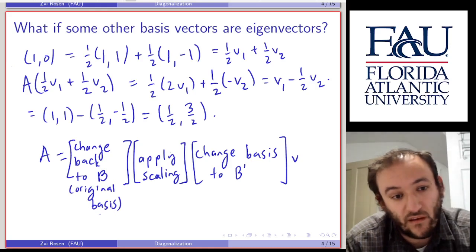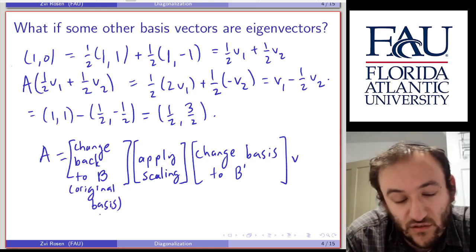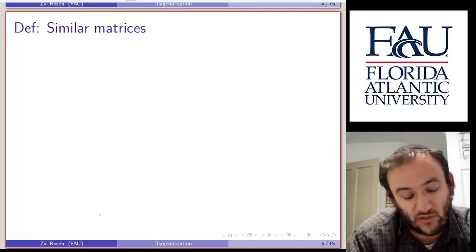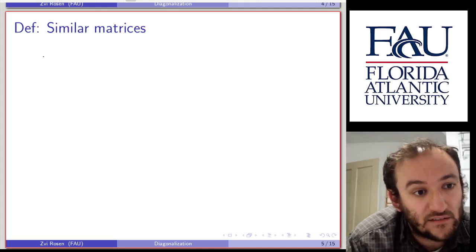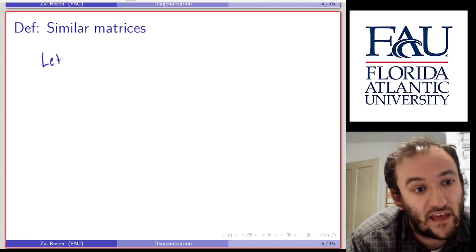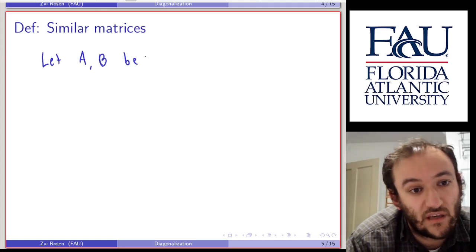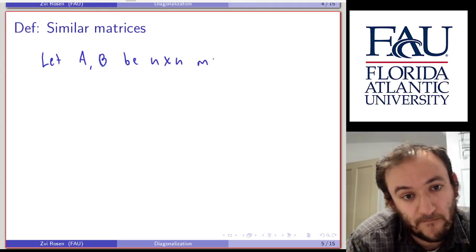And so what we're going to do in order to do this is define similar matrices. So let A and B be n by n matrices.